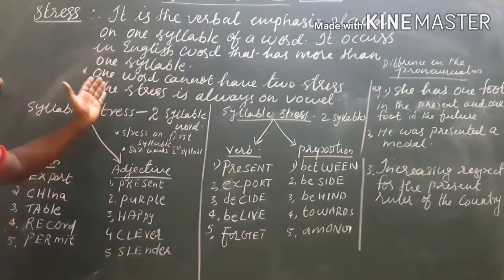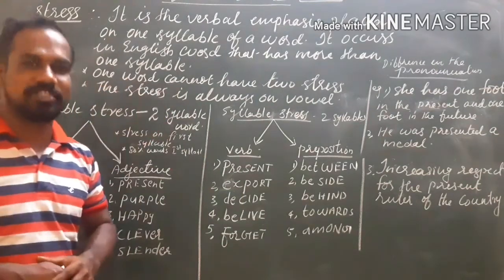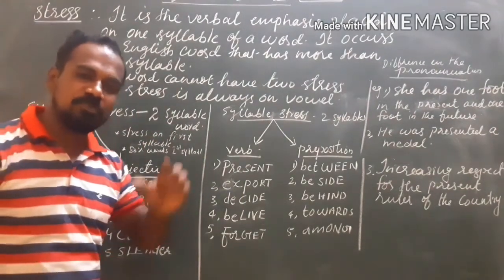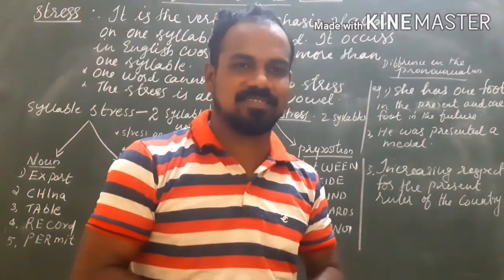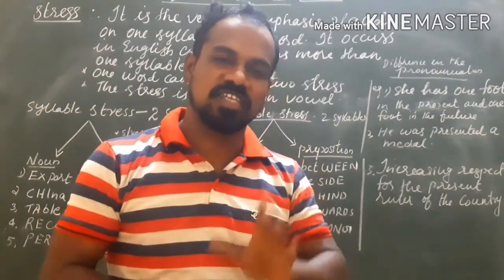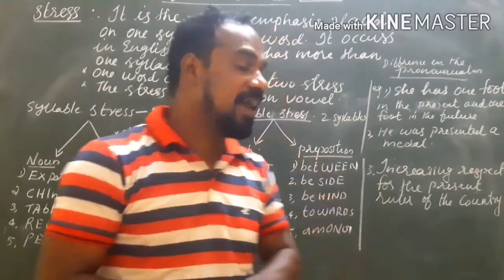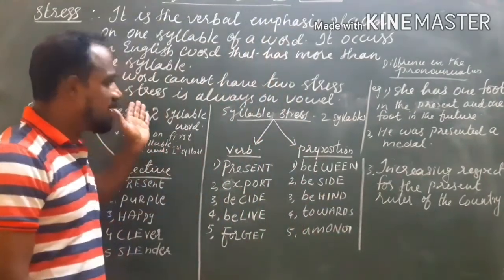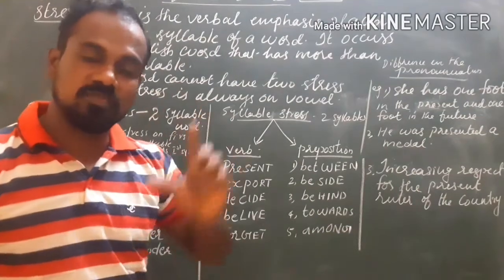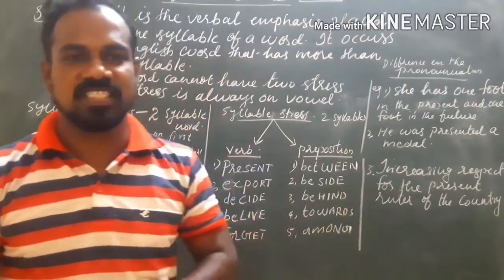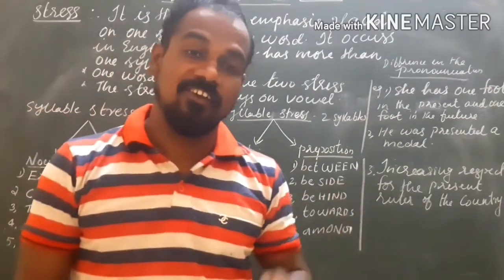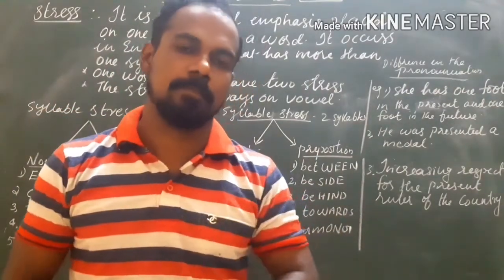And one word cannot have two stresses. Suppose you take a particular word, we cannot stress it two times. We can stress only once. And the next point you have to keep in mind is that the stress always falls on the vowel sound, not on a consonant sound.